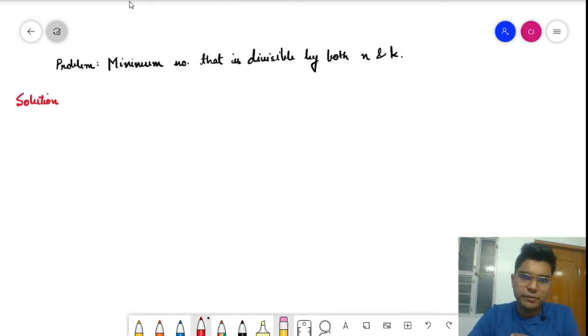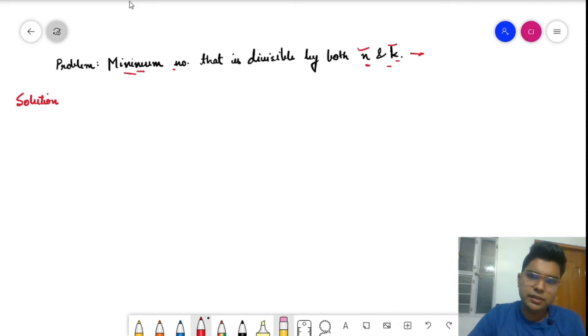So the problem statement, we have already mentioned that the minimum number that is divisible by both n and k will result as the number of slices, and after that we'll divide that number by k to get the number of pizzas, right? Okay, so now what should be that minimum number? The minimum number that is divisible by both n and k, right?